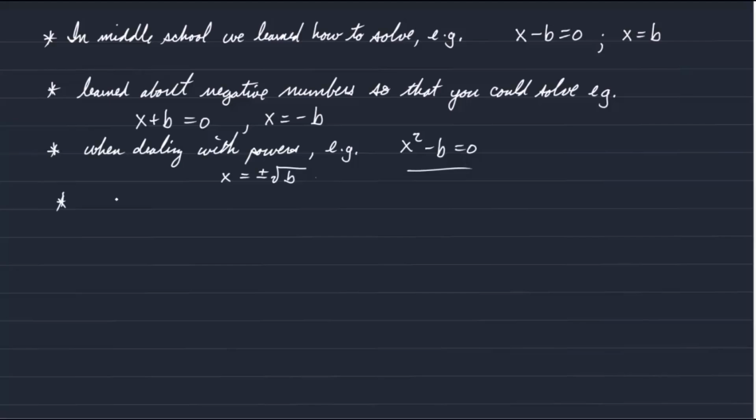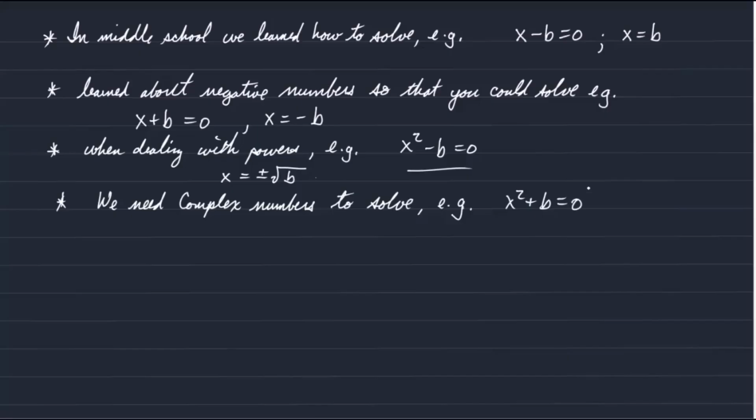So finally, getting to complex numbers, we need complex numbers to solve equations such as x squared plus b is equal to 0.